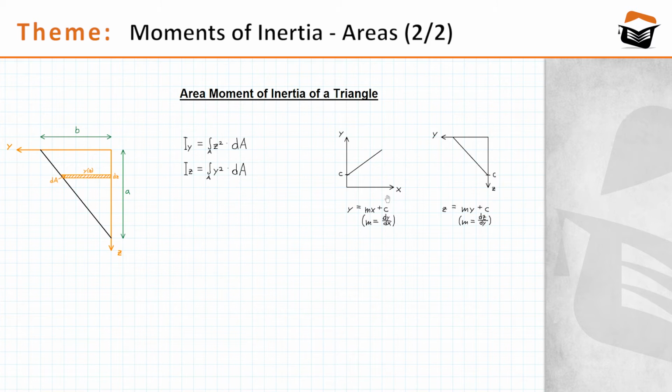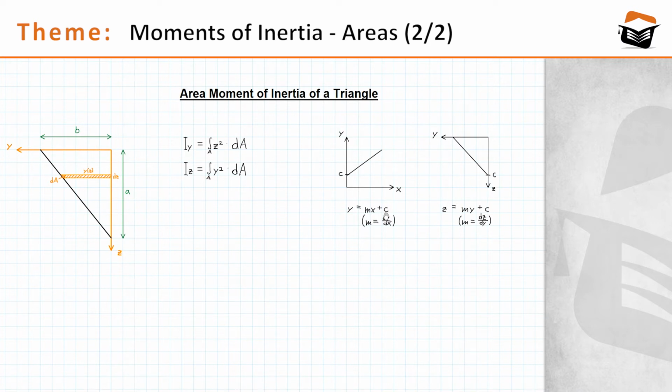As you may remember, the equation of a straight line is y equals mx plus b. In this case, I have replaced b by c so as not to confuse it with the base width of the triangle.